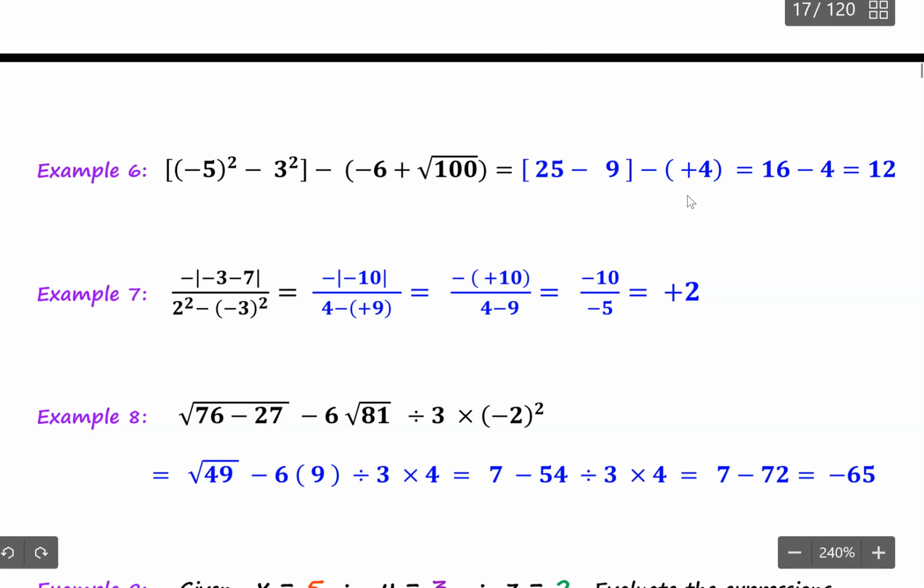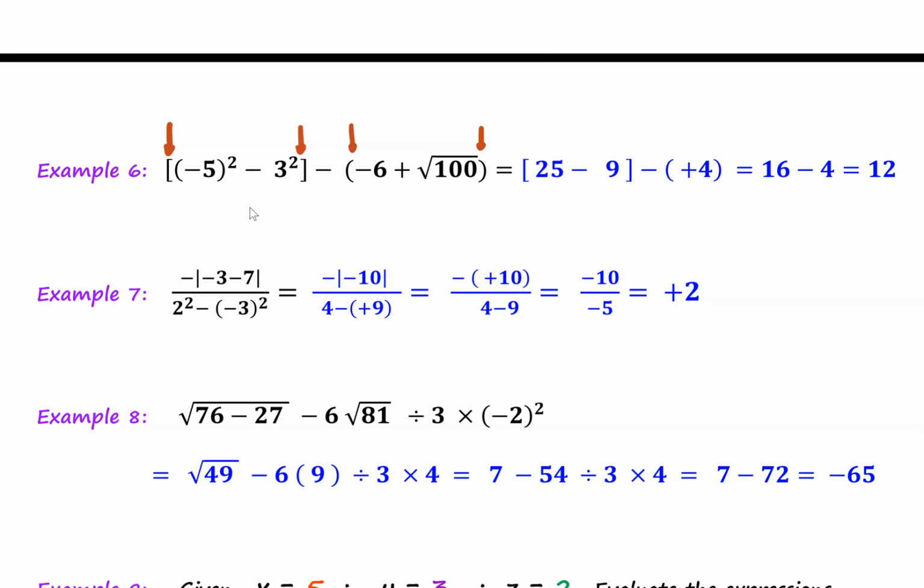First of all, I have to perform the brackets first. That means I have to work with whatever operation is inside this square bracket. I also have to perform this bracket as well. And after I finish this, I can subtract the two results.